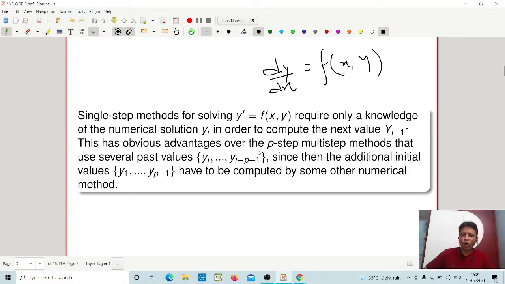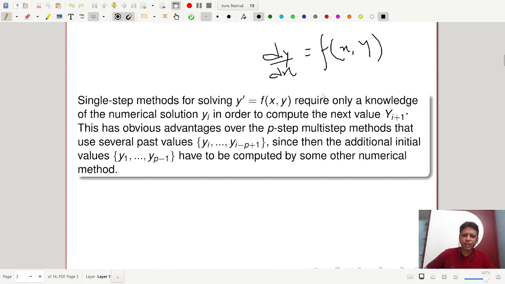This has obvious advantages over the p-step multi-step methods, which usually need several past values, since the additional initial values y_1, etc., y_(p-1) have to be computed by some other numerical methods.